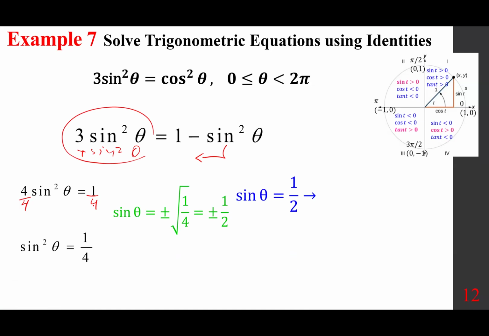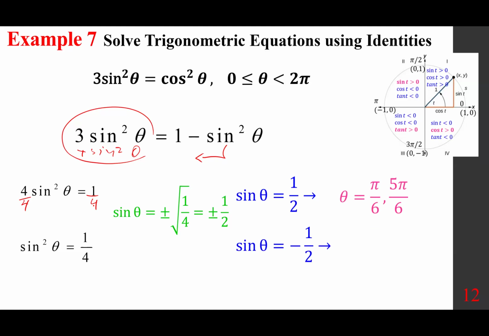And we've done this before. Sine theta equals 1/2. Back to example 2. We should know the answer is pi over 6 and 5 pi over 6. And sine theta equals negative 1/2, the same reference arc, namely pi over 6.